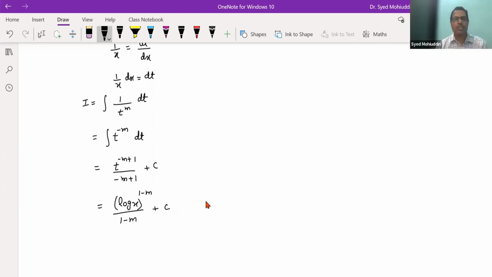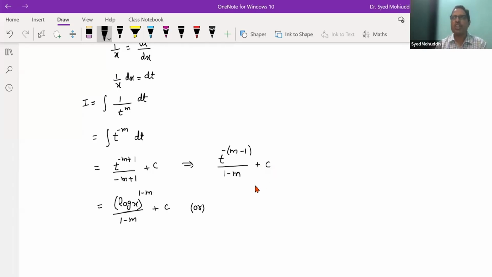Now, in the question the log was in the denominator, so I want to express that also in the denominator. There is another way of expressing it, but that becomes a bit complicated. You have to take minus common and write that as m, and because plus 1 is there, it becomes minus of 1 whole, divided by 1 minus m, plus the constant of integration c.